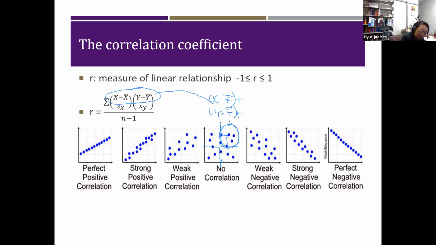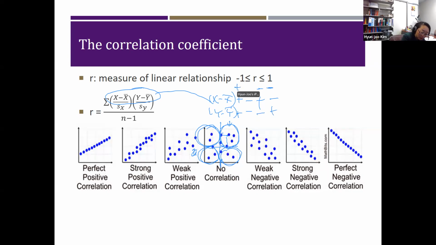When you're on this side, it will actually be minus and minus. Here, minus and minus, right? So minus times minus will be plus. If you're on the other side, this area and this area, it's plus minus or minus plus. So if you multiply those two, you're going to have minuses.